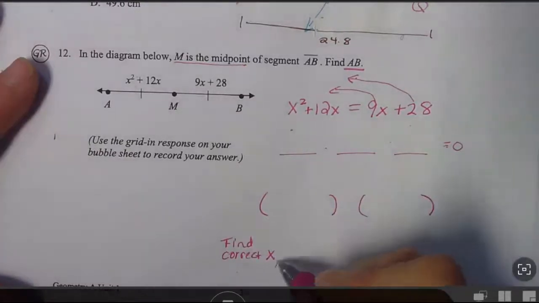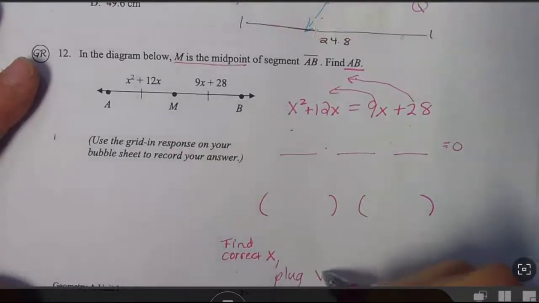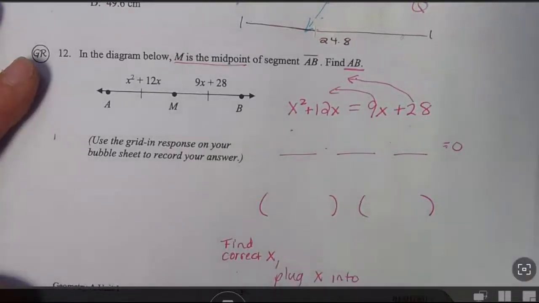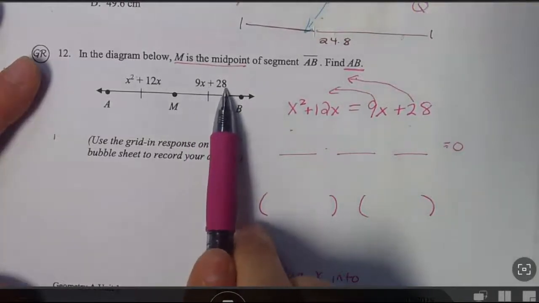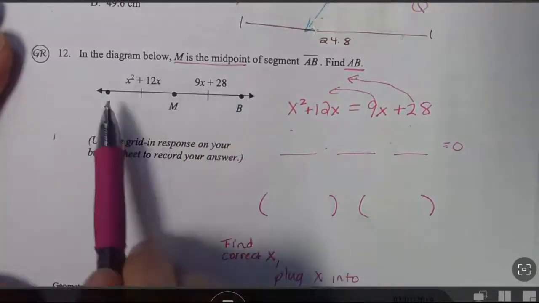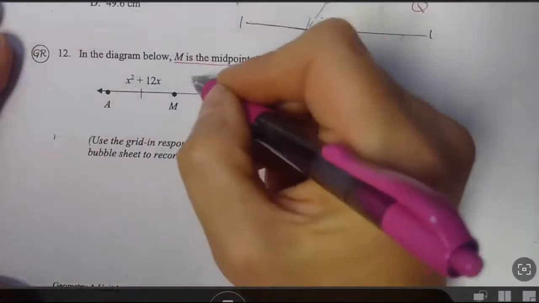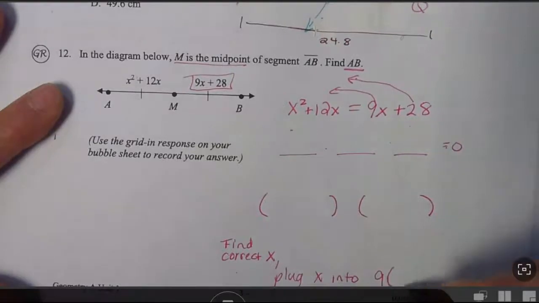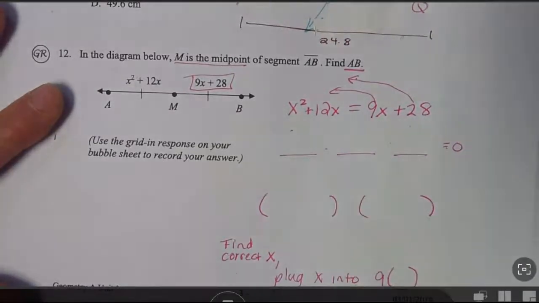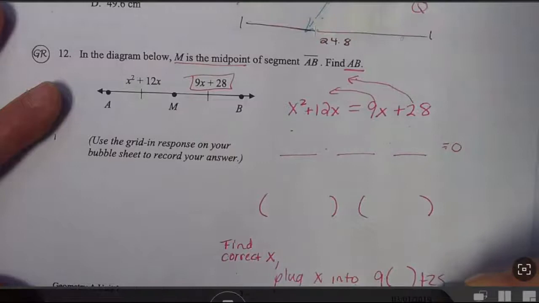Then you plug the x into either 9 times whatever your x is plus 28, or you plug it into this one. I would think it's easier to plug it into this side. So I'm going to put that here: 9 times whatever you get as your correct x, plus your 28.